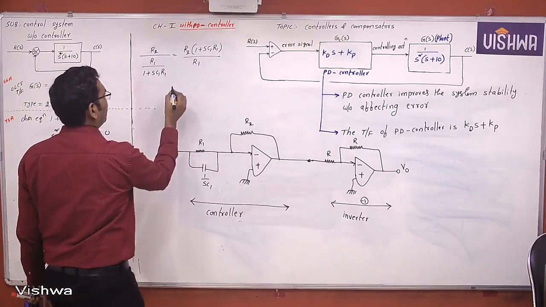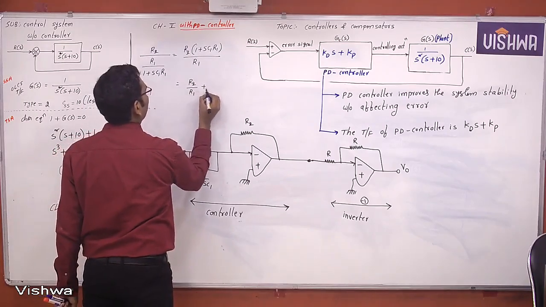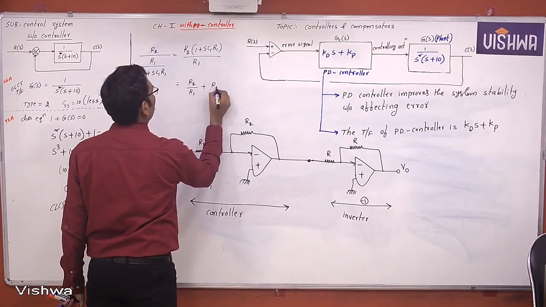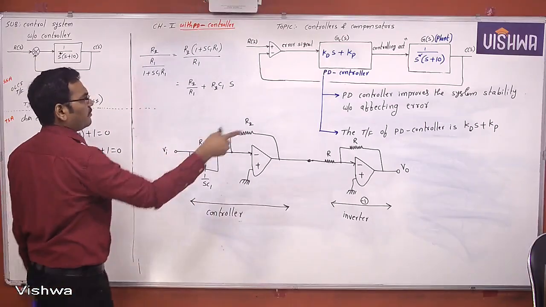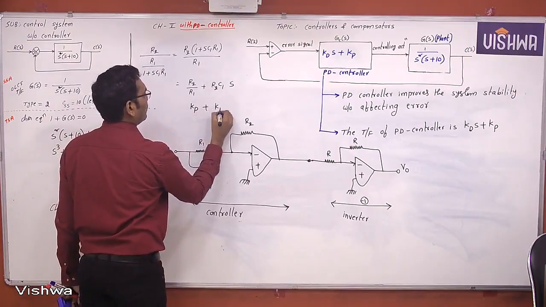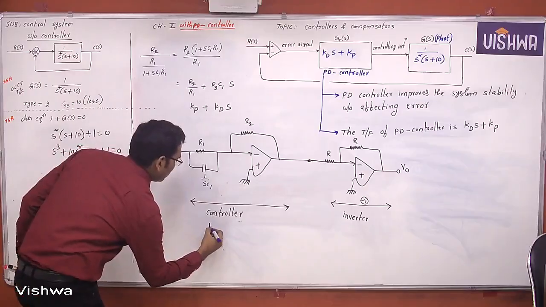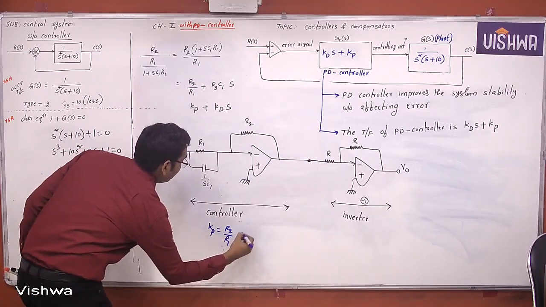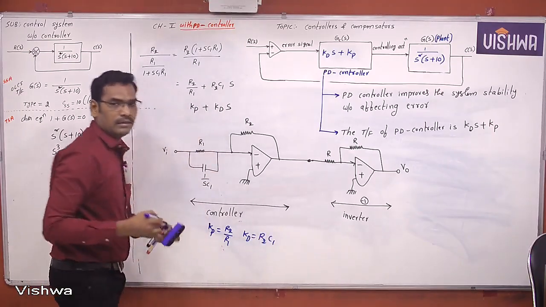So again, if you further simplify, R2 by R1 plus R1 cancel, R2 C1 into S. So what is the transfer function? You already know that. Kp plus Kd into S. So Kp is R2 by R1, Kd is R2 into C1. Okay, no doubt.